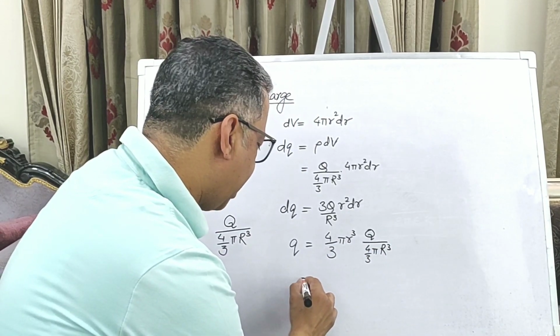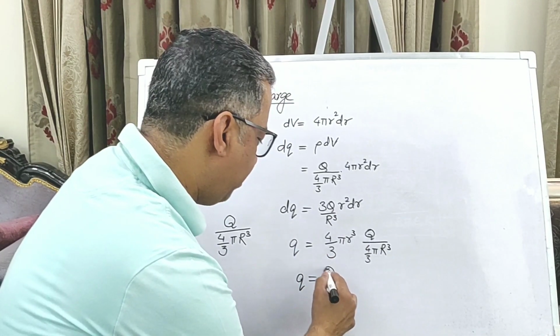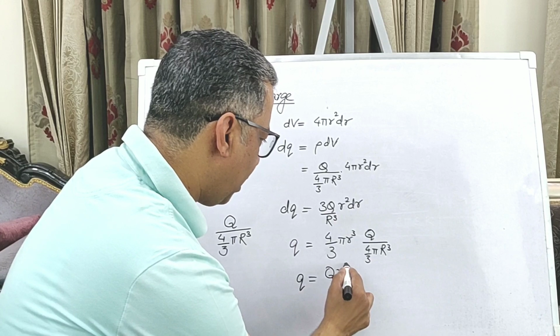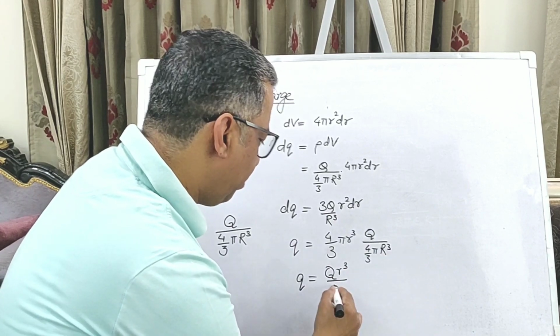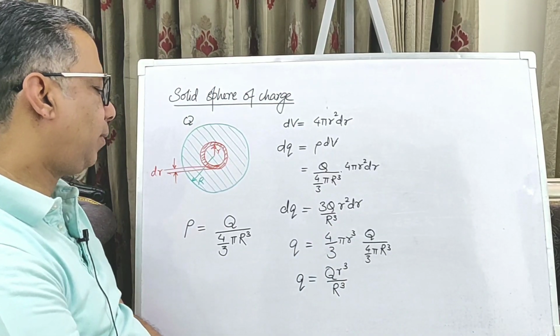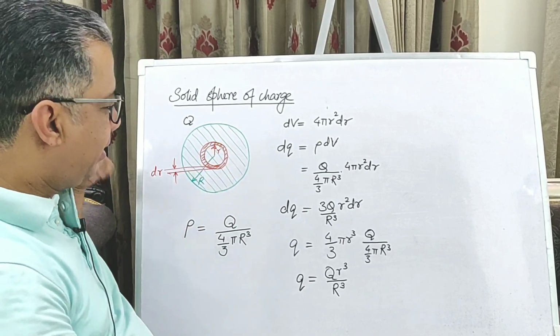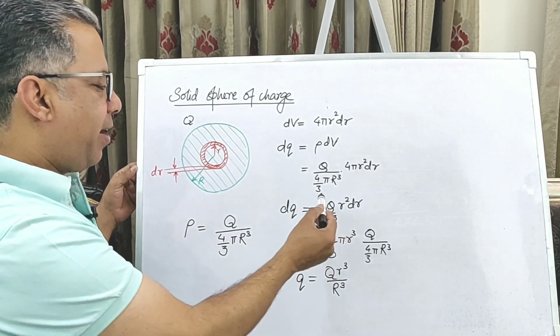So the amount of charge that was already present was Q times r cube by capital R cube. So that's small q, the charge that's already in there in the sphere of radius r.